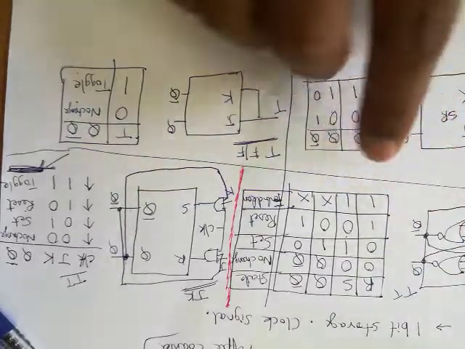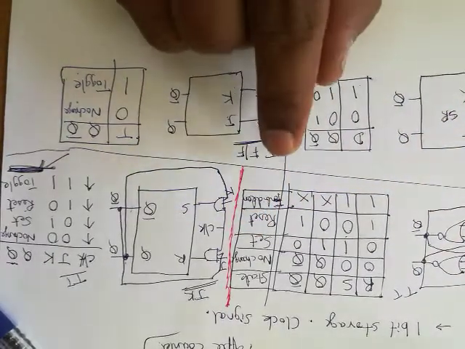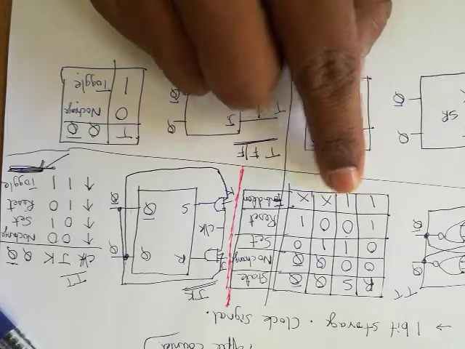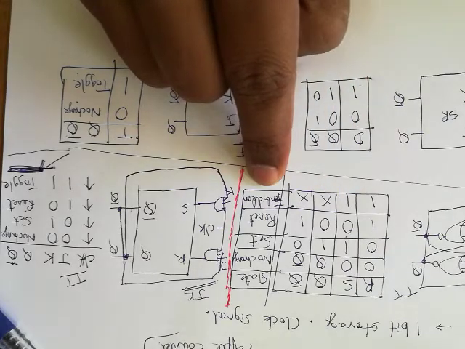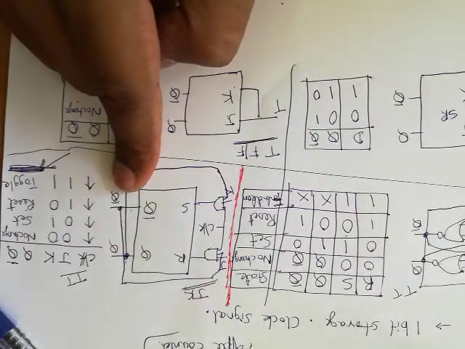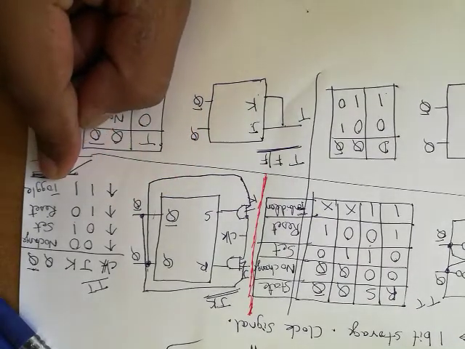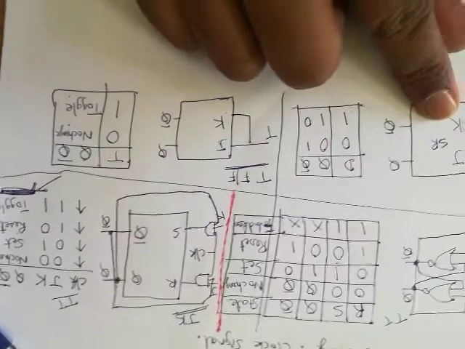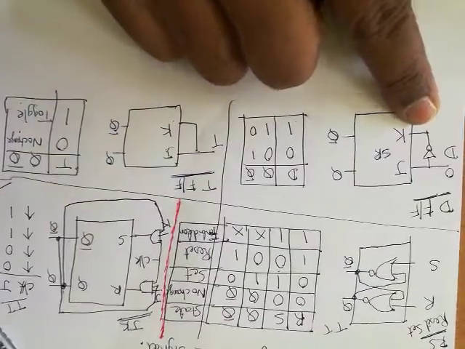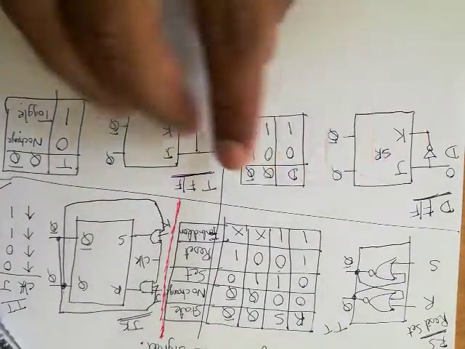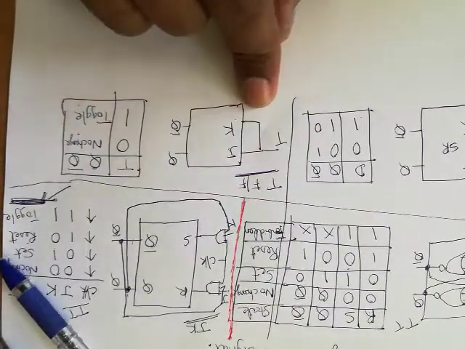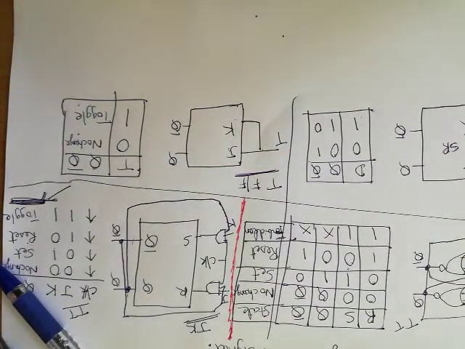SR or RS flip-flop has set and reset conditions, but when we have 1 1 on the input, our flip-flop stops working. To avoid that, we go to JK flip-flop, where when inputs are 1 and 1, output is going to toggle. If we short J and K using a NOT gate, it will act as a delay flip-flop. If we short without a NOT gate, it will act as a toggle flip-flop.